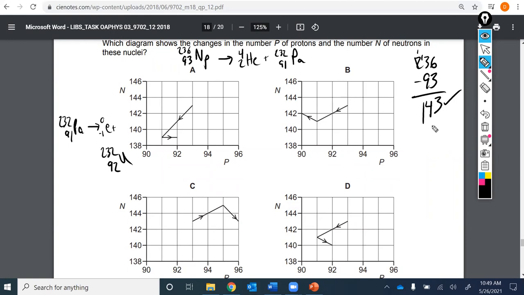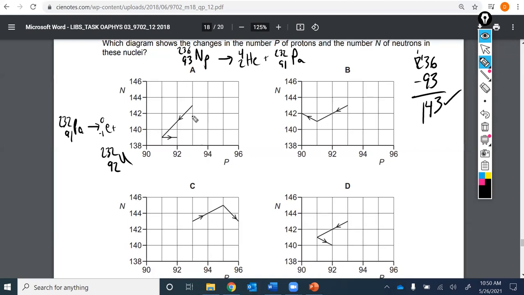What's going to happen next? Well, the proton number goes down by 2. So we need to go from 93 here. See how they're all at 93 also? We need to go from 93 down to 91. This one is at 93. It goes down to 91.